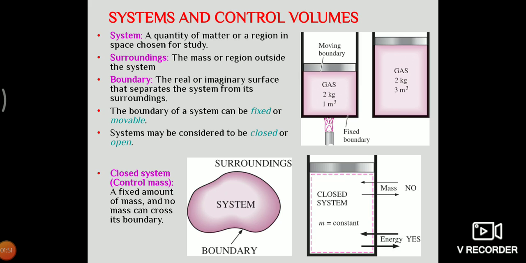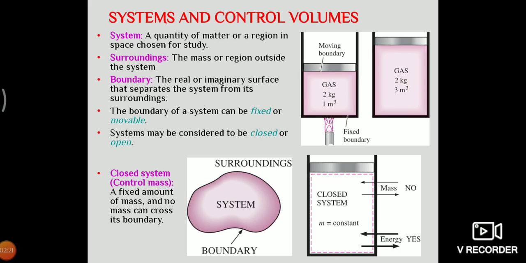Based on mass transfer and energy transfer between the system and the surrounding, there is a classification of thermodynamic systems. The first type is the closed system, also known as the control mass system. It consists of a fixed amount of mass and no mass can cross its boundary.